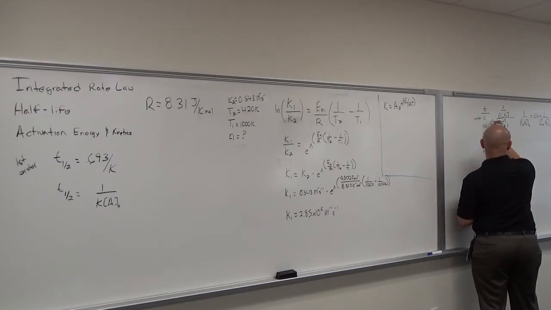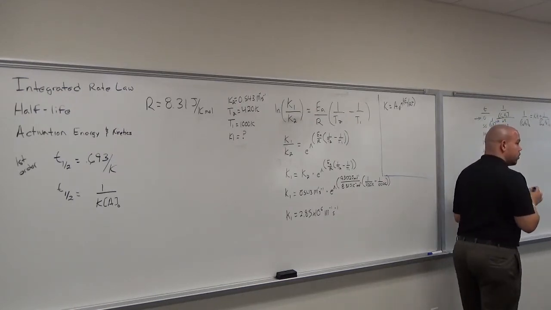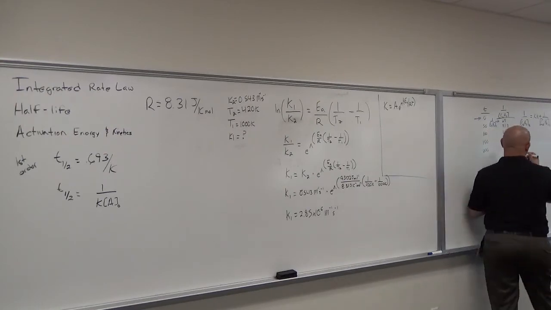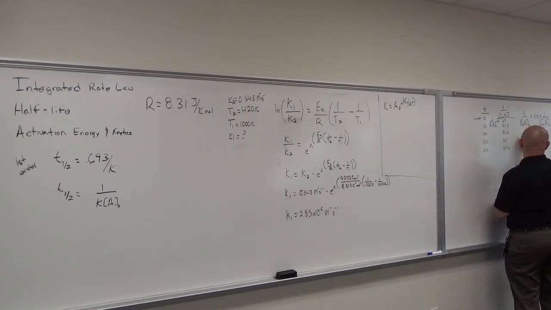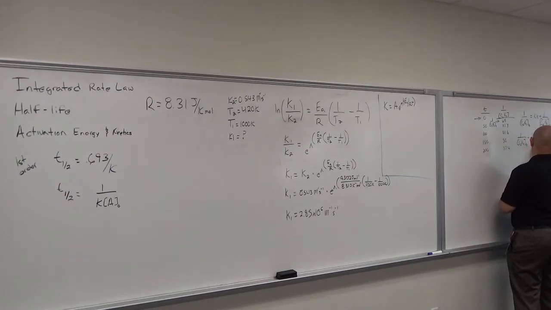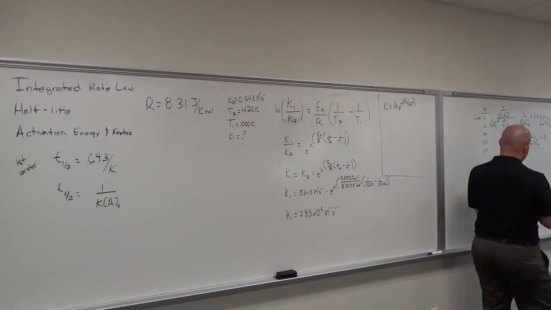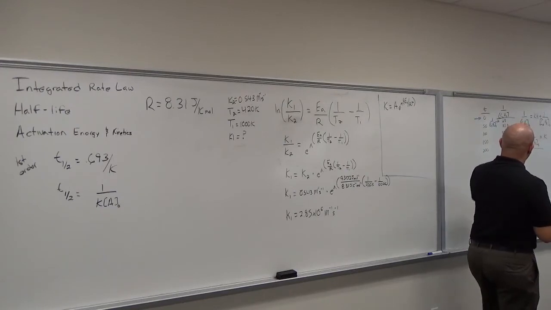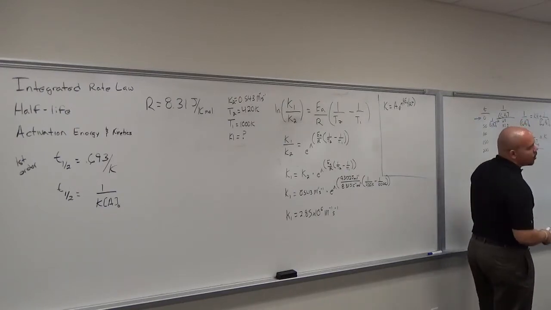So this is 1 over C2H5 at 0. Once you manipulate this equation, you get 1 over C2H5 at time t minus 1 over C2H5 at 0 is equal to K, and this is all over T, where time T is whichever one of these other ones you pick.